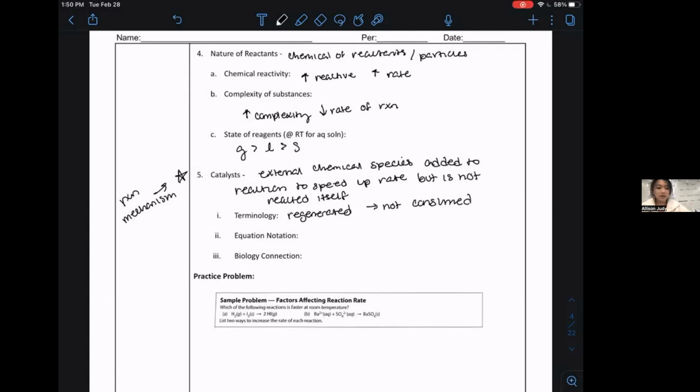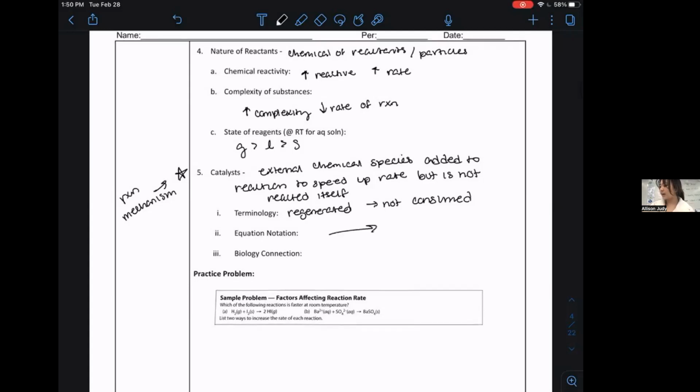Okay, so just so you know, I mentioned this earlier, we do not put the catalyst in the reactant to products, but sometimes we might put the catalyst above, just so somebody knows the way that we made this reaction is we sped it up. Because oftentimes we track the rate of how long it takes to make a compound. Because if you're a chemist and you're trying to reproduce a reaction, you kind of want to know if you can leave it overnight or if you have to stay there for 5 hours.